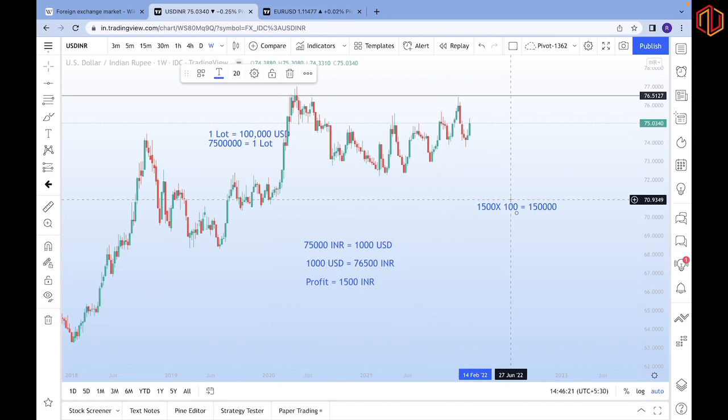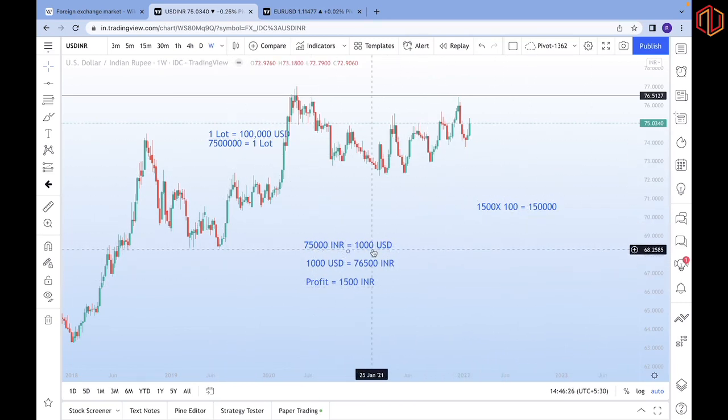Okay, so all we've done is the same transaction, but with the slight difference that instead of trading with $1,000, we are trading with 100,000 US dollars. So this 100,000 US dollars is called the lot size. This is the lot size of a forex transaction.